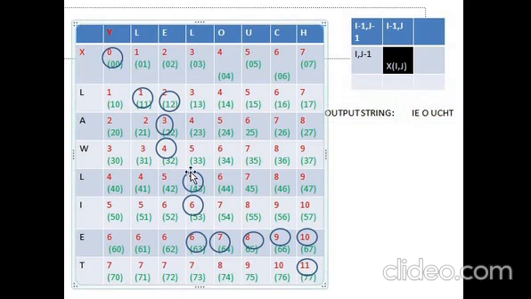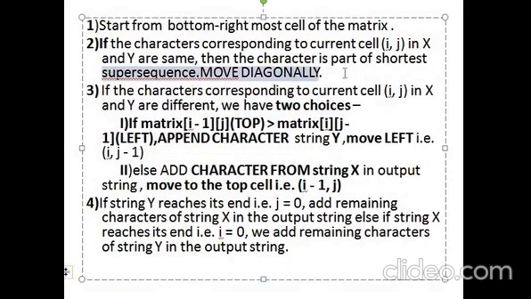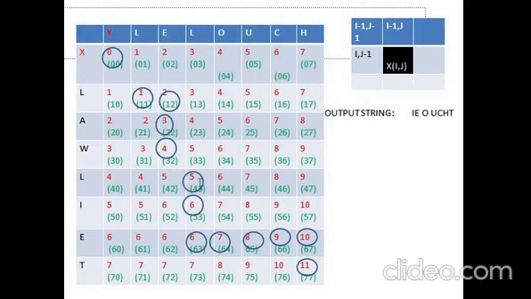Then L and L. Now a new condition arrives in which the characters are the same, so we move diagonally after printing the character. It can be X or Y because both are the same.